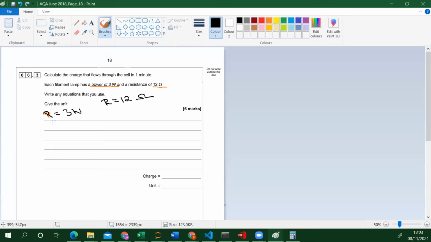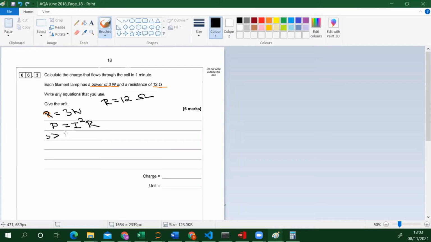So P is equal to I squared R. I'd always write down the equation you're using, because you can actually get marks just for writing an equation, even if you don't do the next thing. There's lots of marks for not that much work here.